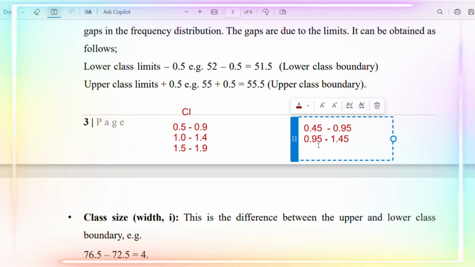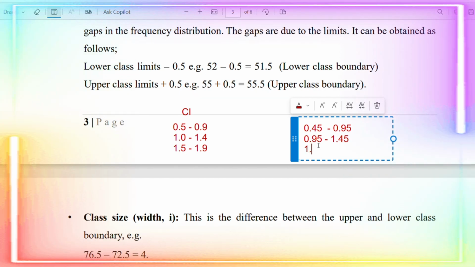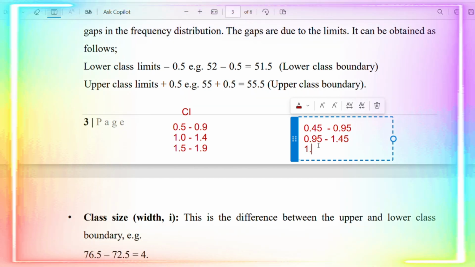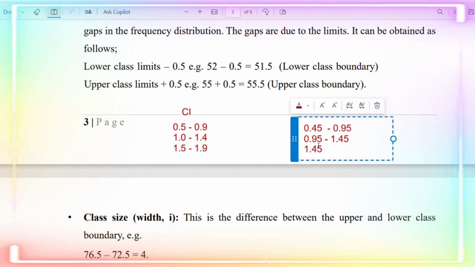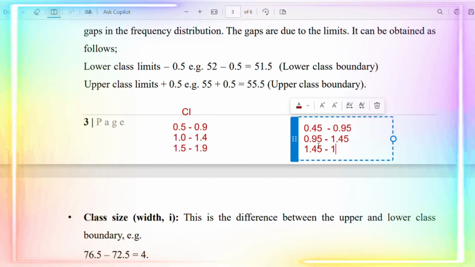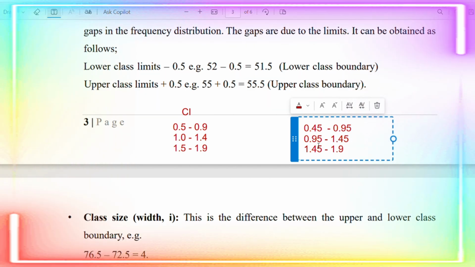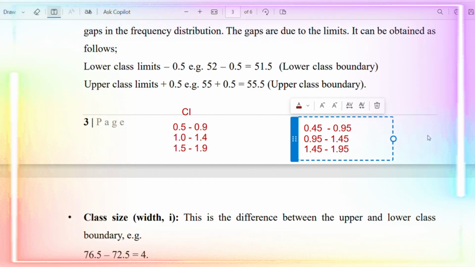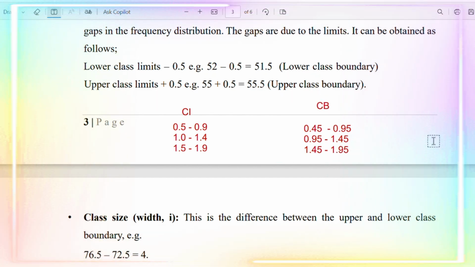Then the last class will be 1.45 to 1.95. So that is how to obtain the class boundary.